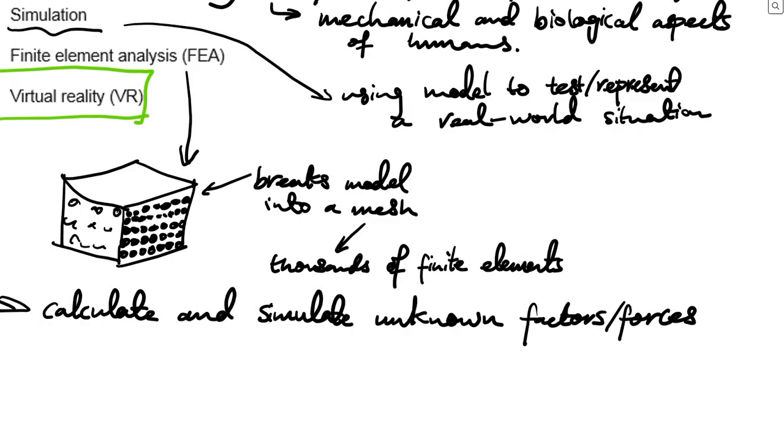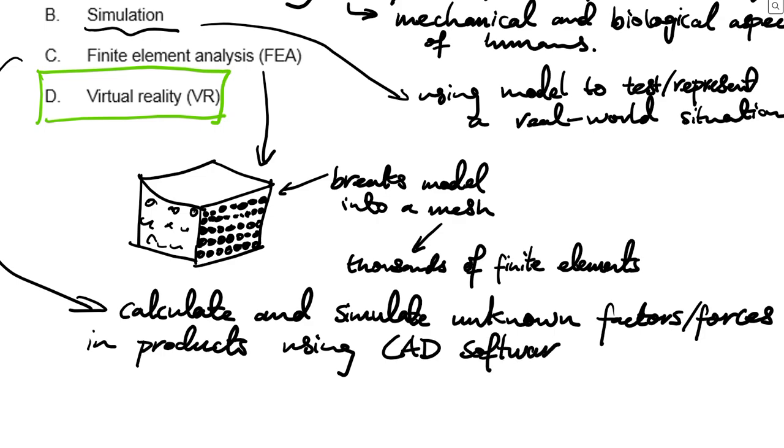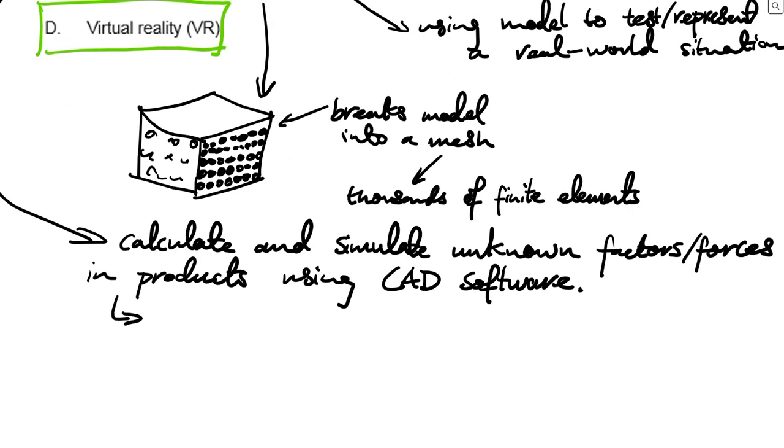We don't want to build a new prototype every time, especially when we have expensive products. So in products, unknown factors or forces in products using CAD software like Fusion 360. And maybe some of you have seen that airplane question.